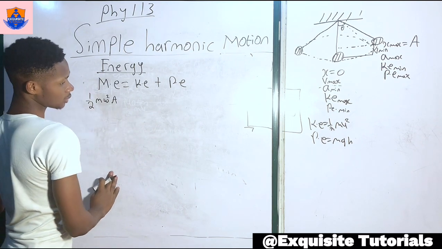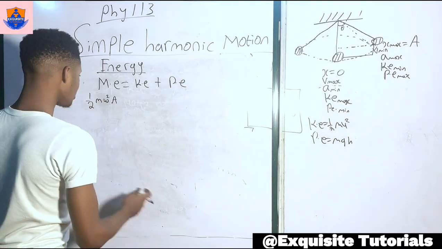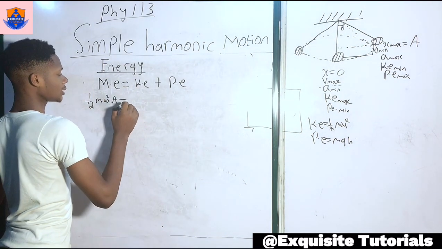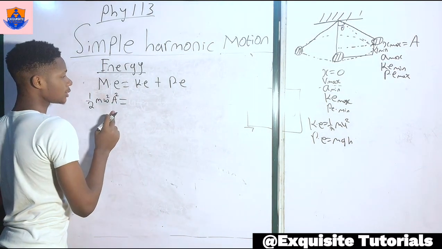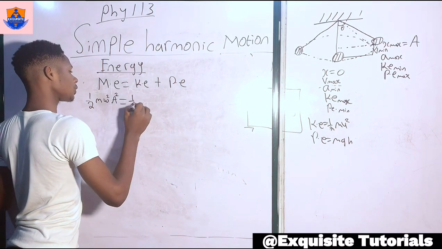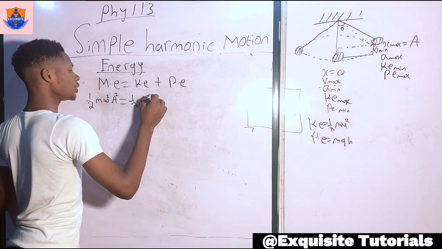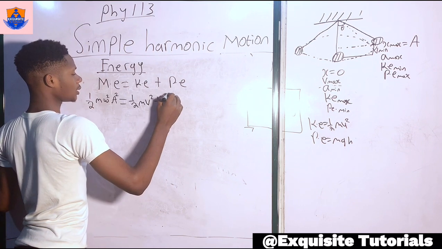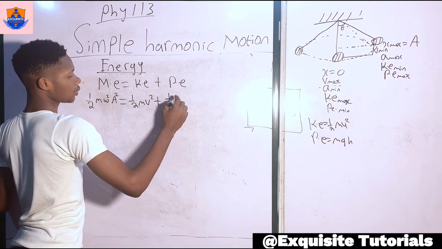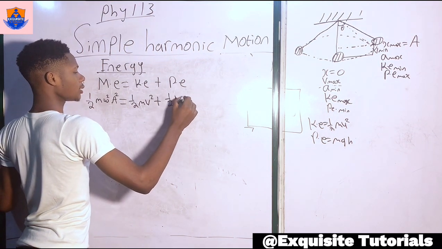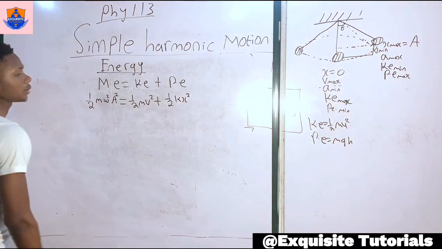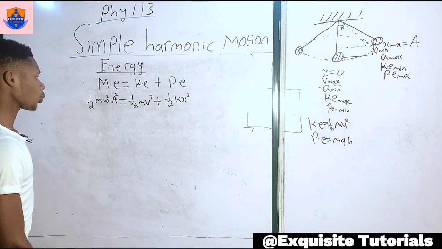Kinetic energy is 1 over 2 m v squared, while potential energy is 1 over 2 k x squared. Okay, now still looking at this formula, some quantities can cancel out.